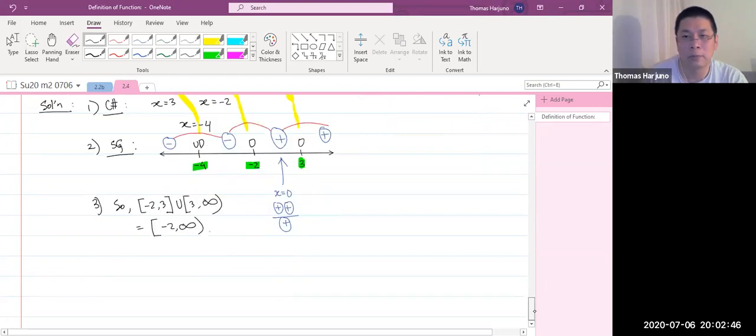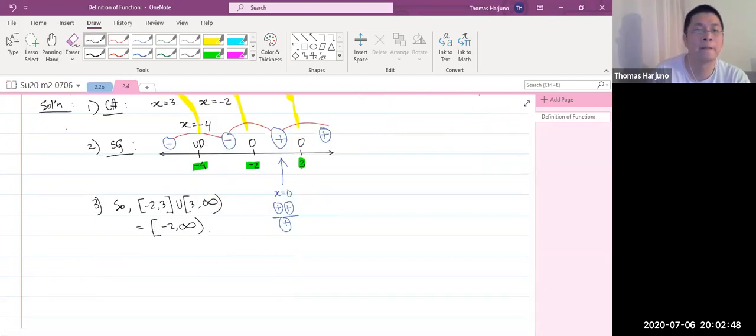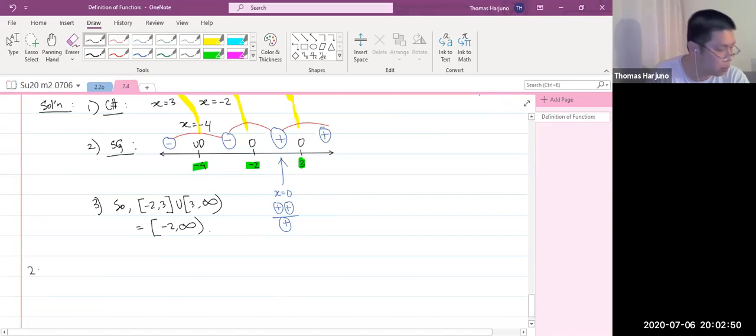Couple more examples before I go on. Number 28. Find the domain of f(x) equals the square root of (4x minus 3) over (x squared minus 4).